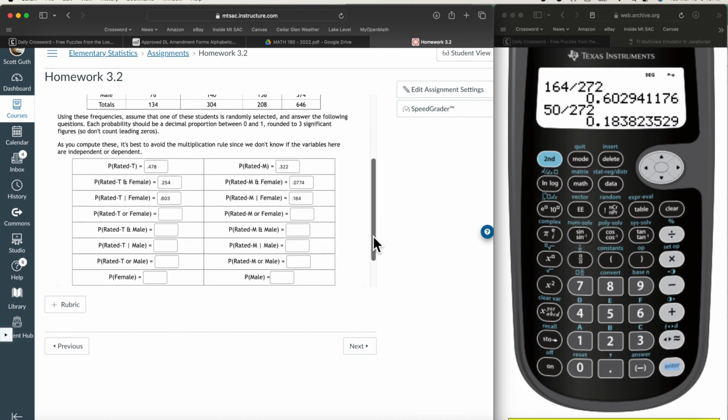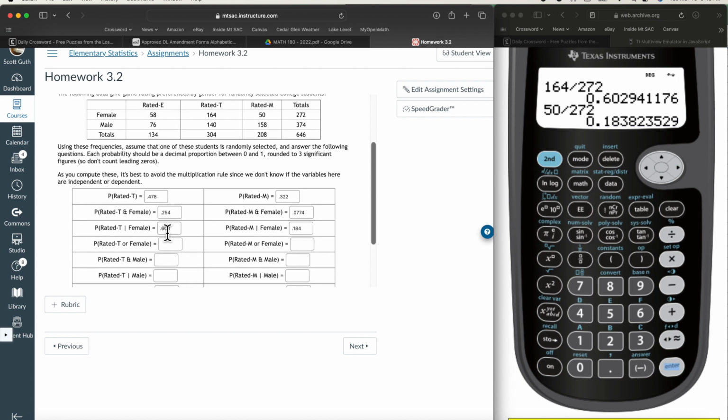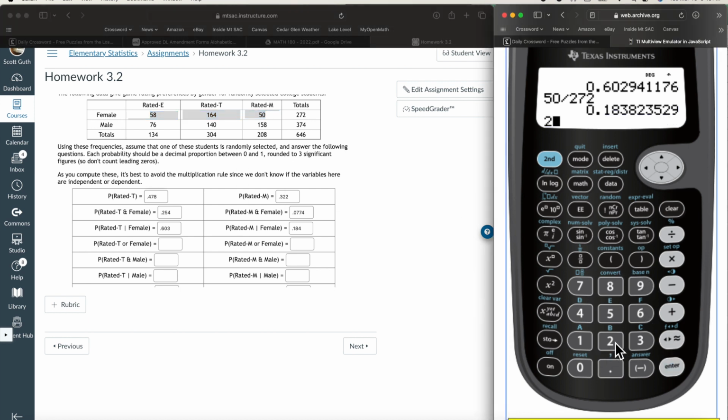And then rated teen or female. Okay, so this one's going to be a little harder. The females all together here, there are 272. So I need to take that 272 and I'll put it in over here, 272. But we also want to count rated teen. So there are 140 T that weren't counted.